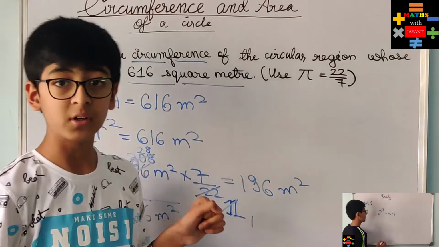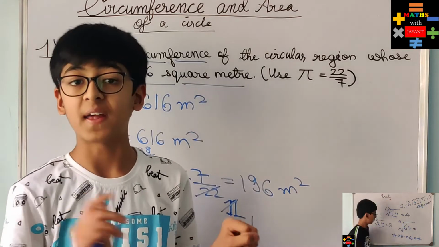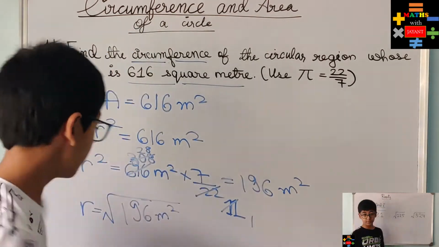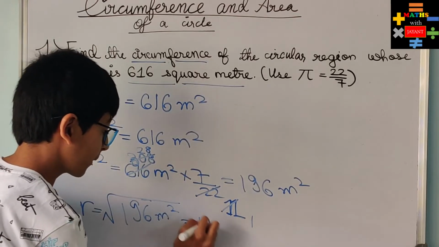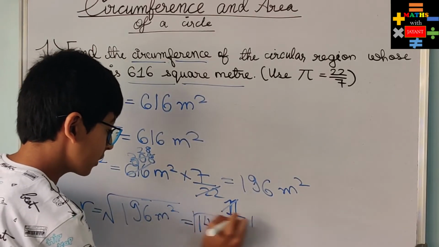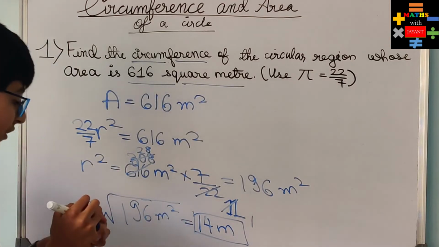And we have a whole video on roots as well. You could watch that to know more about roots. So the square root of 196 meters squared will just become 14 meter, because 14 meter into 14 meter gives us 196 meters squared.